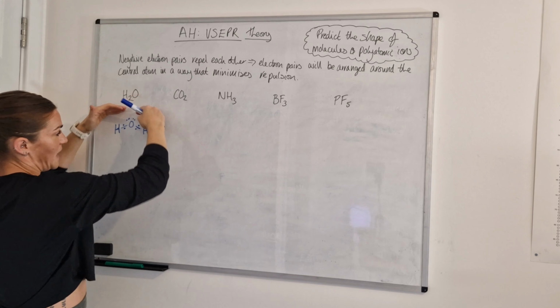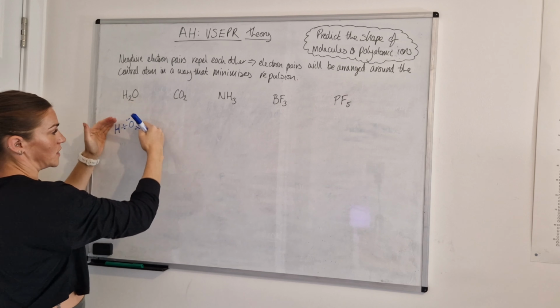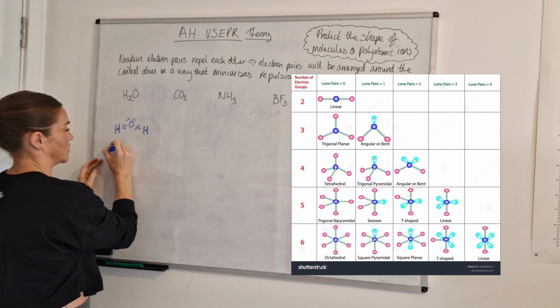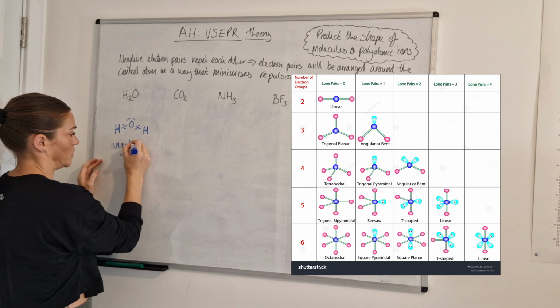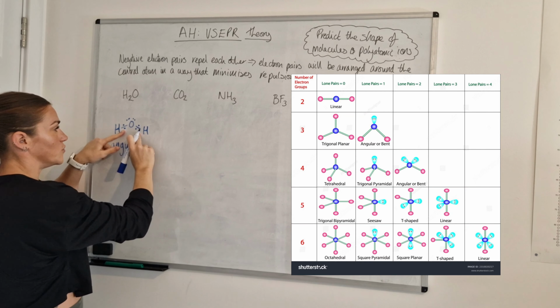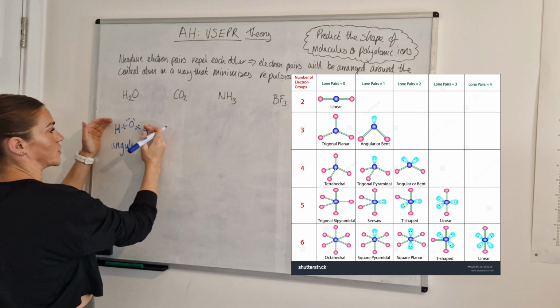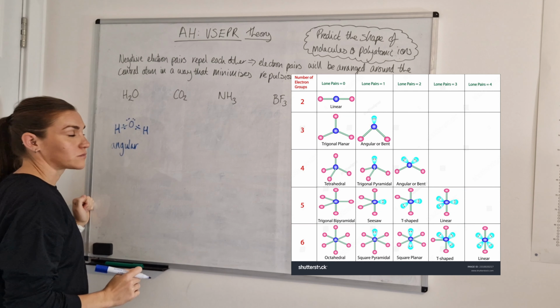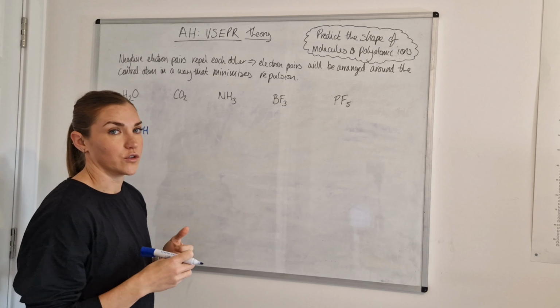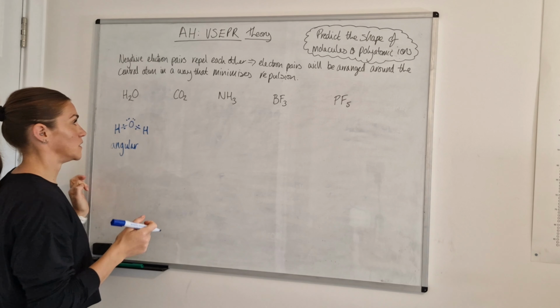These lone pairs repel the electrons in the bonds, and that's what pushes it down into an angular, or sometimes called bent, structure. So the shape of this molecule is angular because you've got 2 bonds, but then the 2 lone pairs are repelling things down. Again, the picture that I'll put up should show you that in the diagram as well.